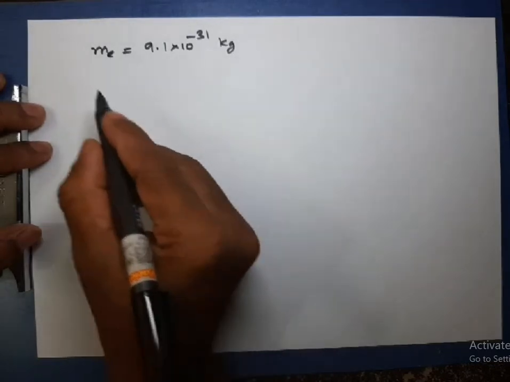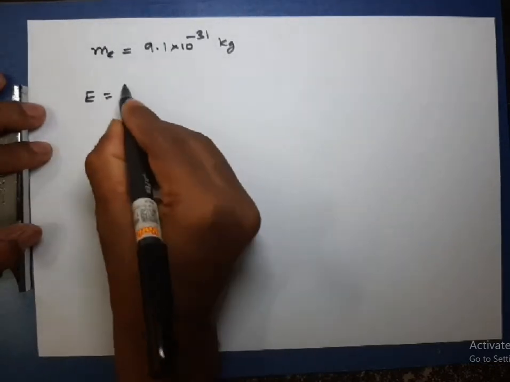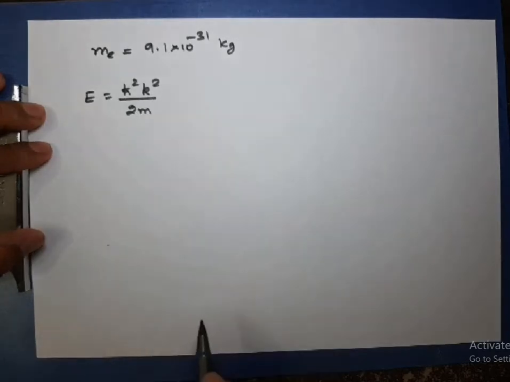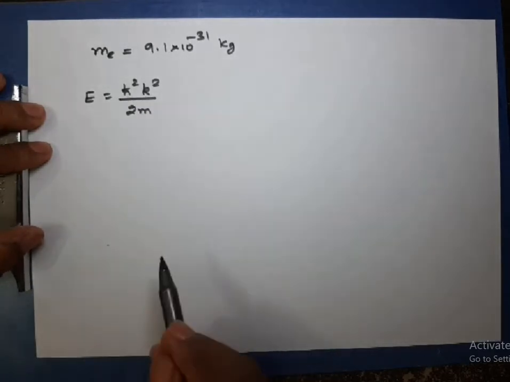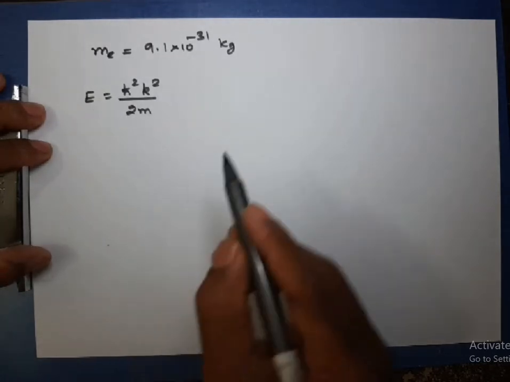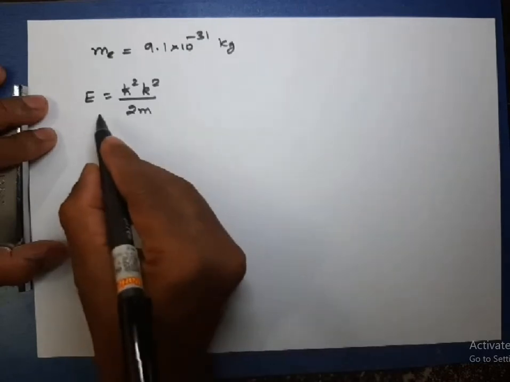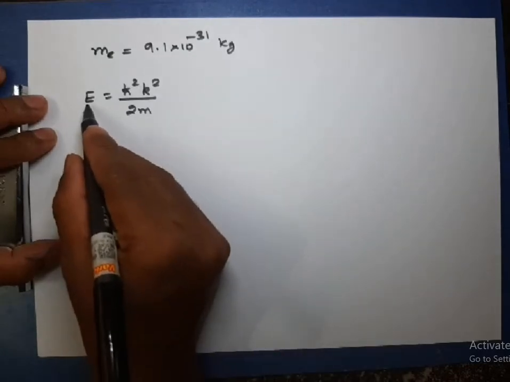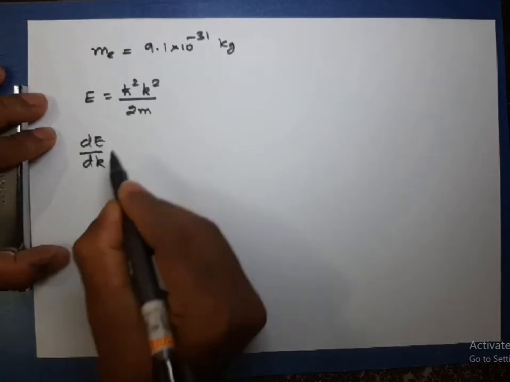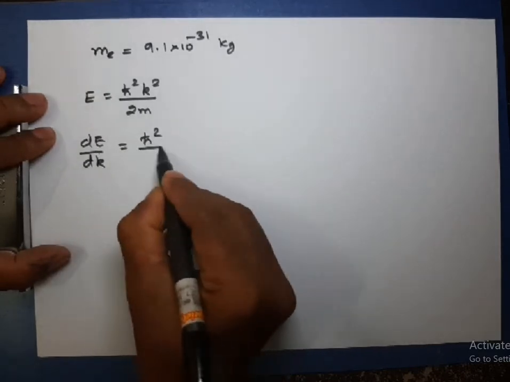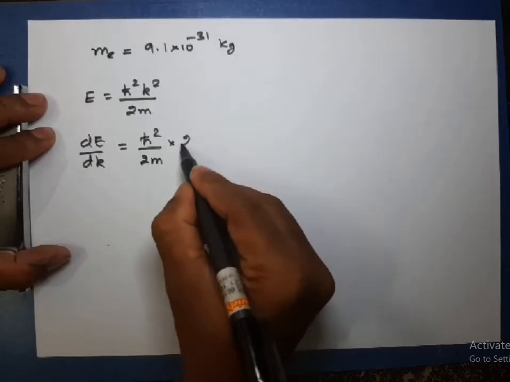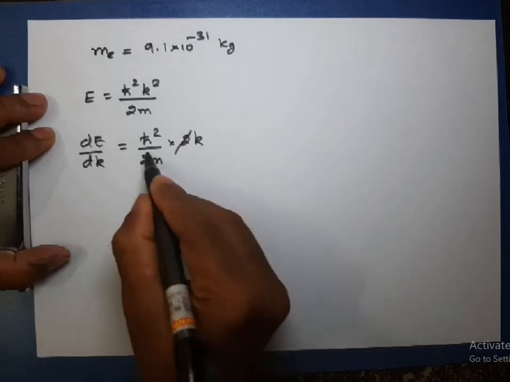You know very well, energy E is equal to h bar square k square by 2m. This is the relation between E and k, and you'll get a parabolic relation. Now let me differentiate this E with respect to k. dE by dk equals h bar square by 2m as such, and k square on differentiation gives 2k, so this 2 cancels.